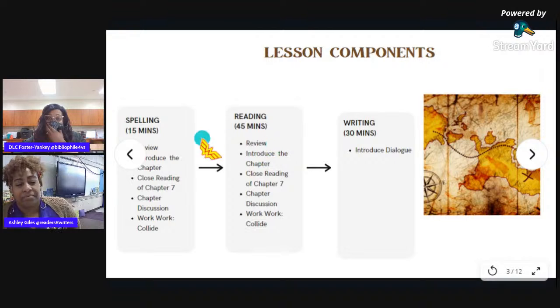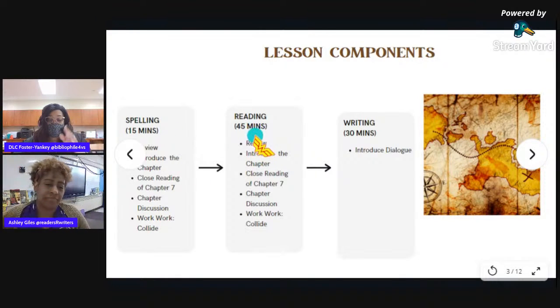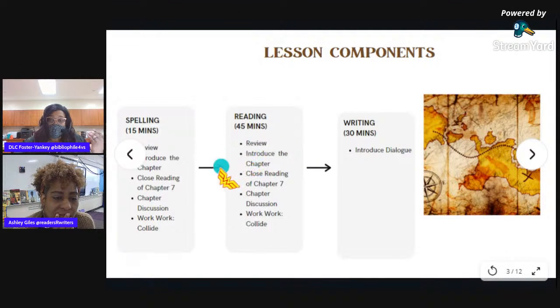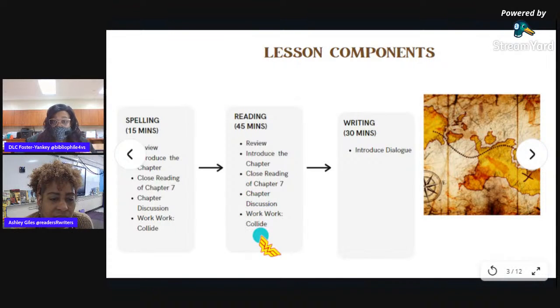Then they'll come over to reading, review the previous chapter, introduce the current chapter, and read Chapter 7. They'll have a chapter discussion, maybe a close reading, then do some word work for the word collide, and then move on to writing for 30 minutes, where they will be introduced to dialogue.